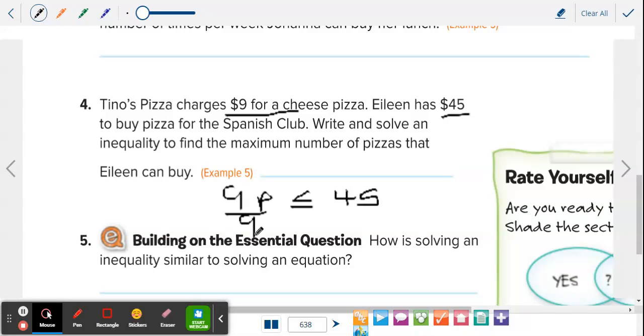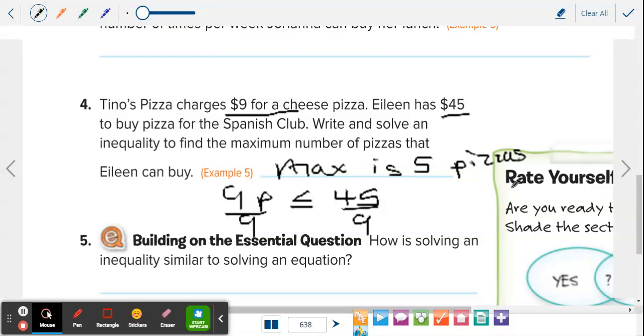Divide by 9. So how many pizzas can she buy? The maximum amount. So the max is 5 pizzas. So that's the most she can buy.